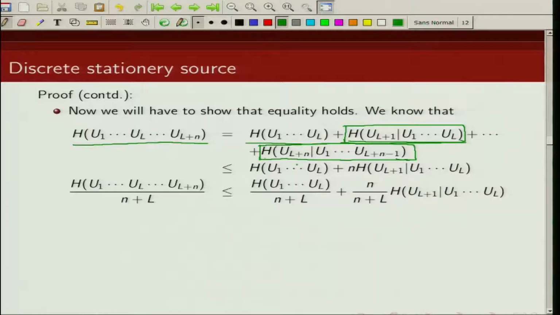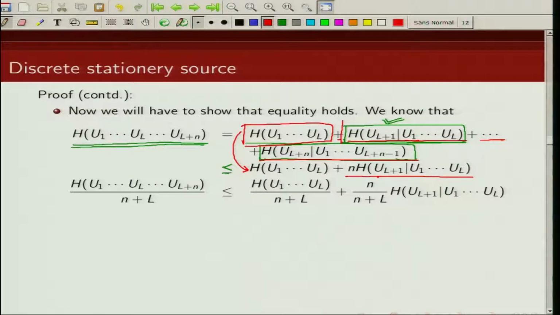So among all these terms, this term is the greatest because we have proved from property 2 that this is a non-increasing function as L increases. So then we can upper bound this joint entropy by, so this term I am writing exactly like this, but this whole summation, these n terms, can be upper bounded by n times uncertainty in UL plus 1 given U1, U2, ..., UL.